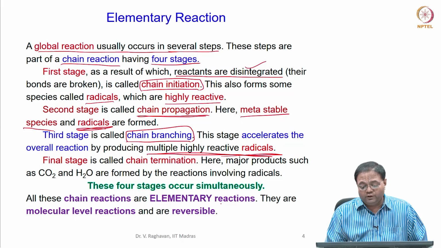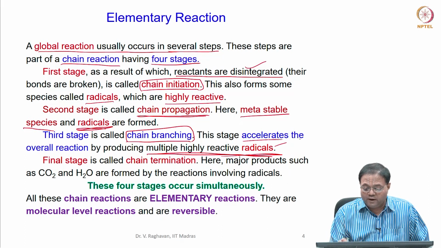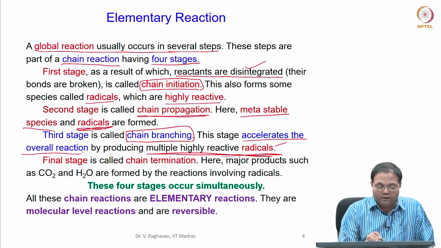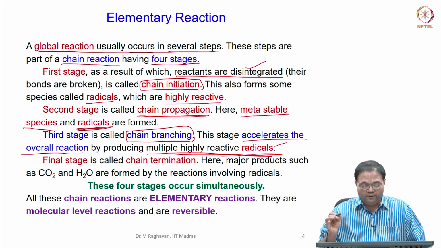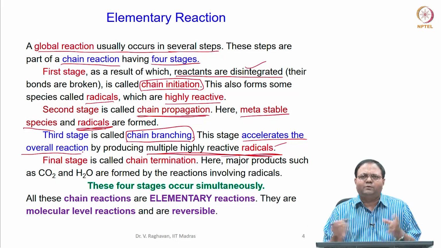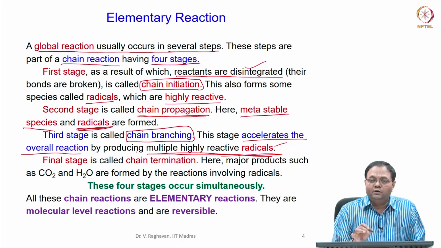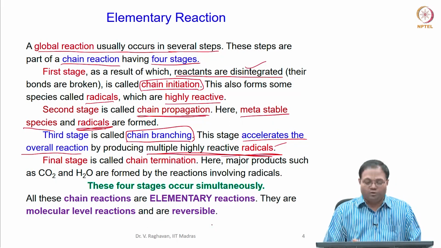Once the radical concentration increases, the overall reaction rate is accelerated. So it may also end up being explosive, a much faster reaction can happen. So this is called the chain branching step or stage.